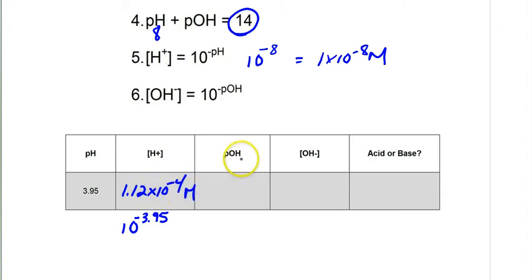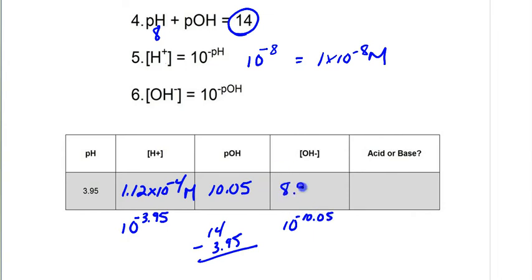I could also calculate my pOH knowing that 14 minus 3.95 is going to equal my pOH, so this would be 10.05. I can then take my hydroxide ion concentration, or solve for that, by taking 10 to the negative 10.05 and end up with 8.91 times 10 to the negative 11.